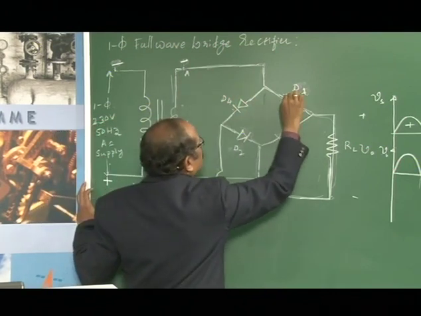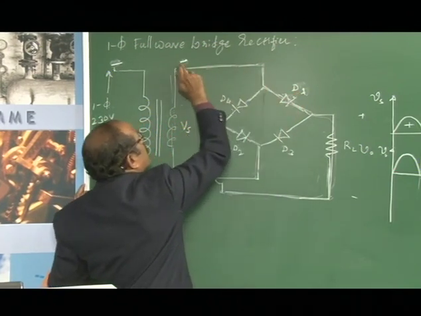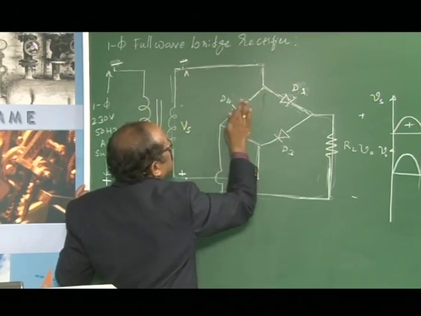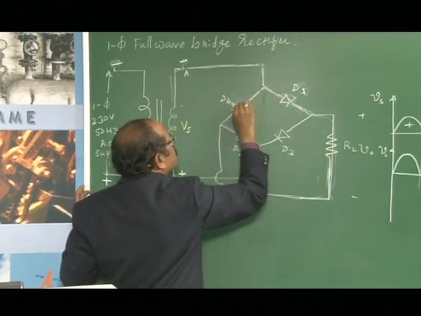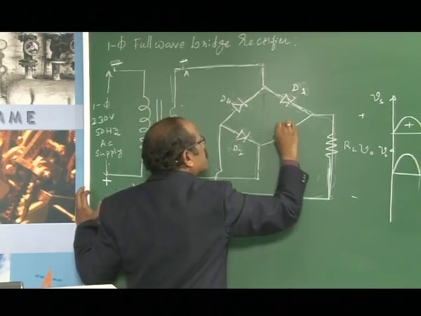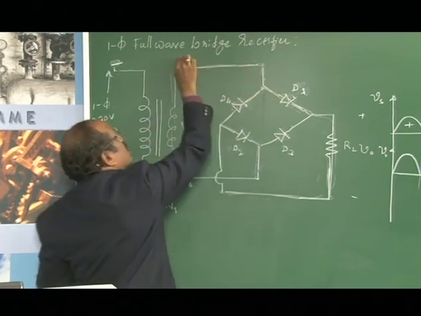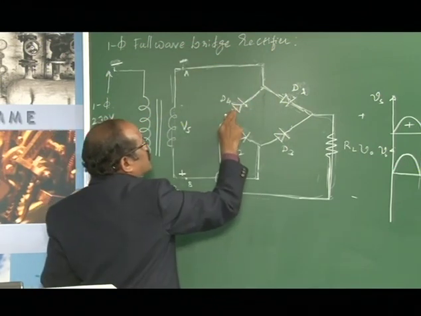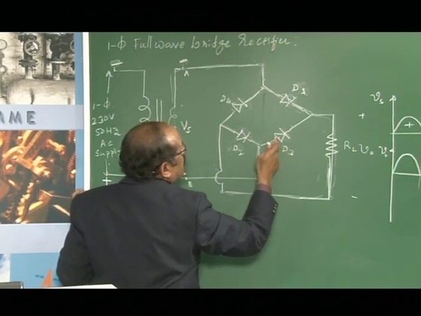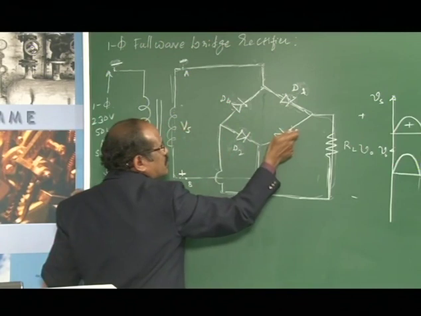Therefore, the cathode of diode D4 will be at negative potential with reference to its anode. Similarly, the anode of diode D3 will be at positive potential with reference to its cathode.